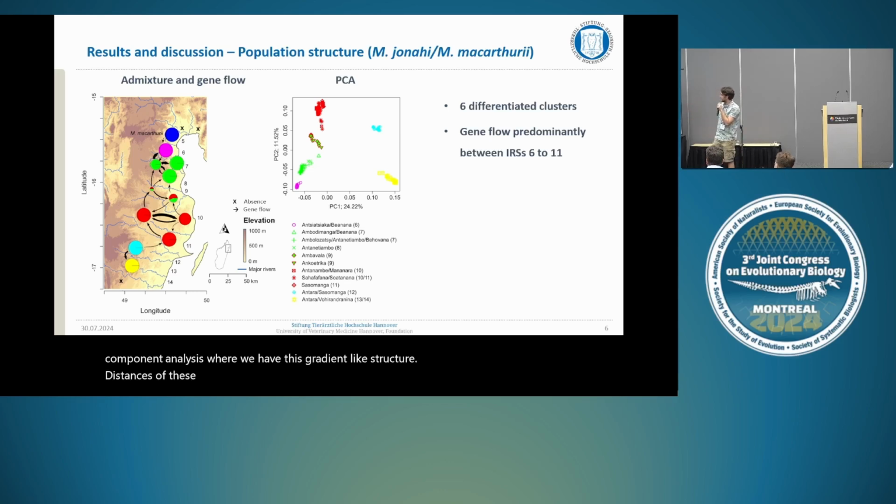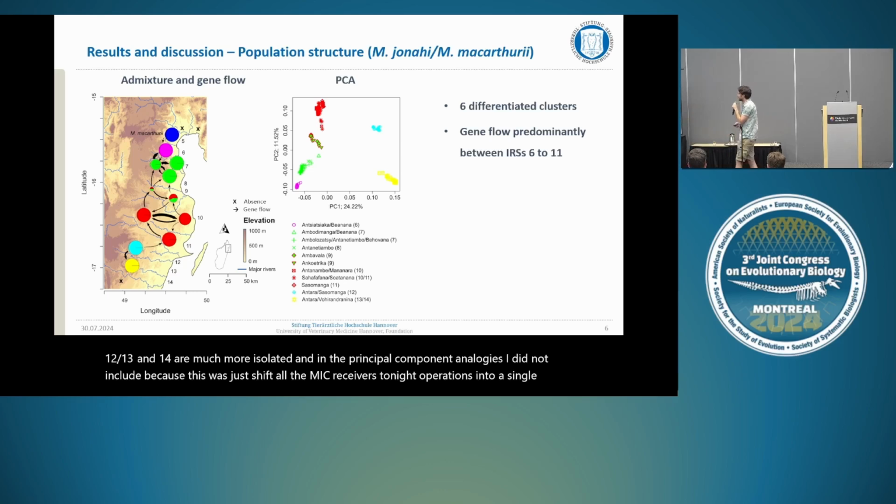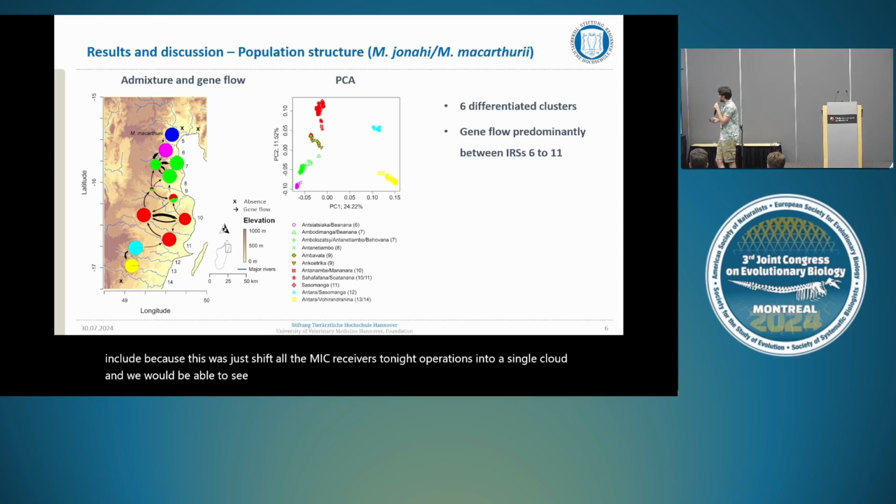And then to the far south, the populations in inter-river systems 12, 13, and 14 are much more isolated. In the principal component analysis, I did not include Microcebus mercaturi because this would just shift all the Microcebus jonahi populations into a single cloud, and you wouldn't be able to see anything.